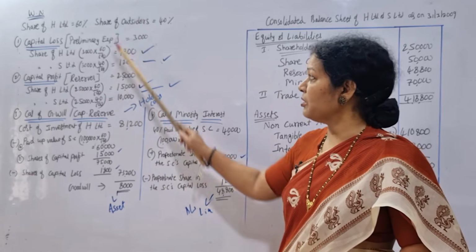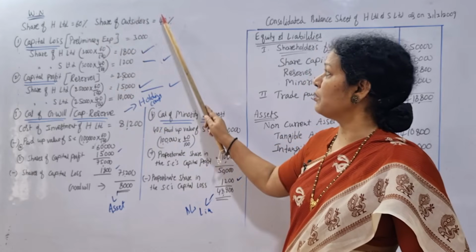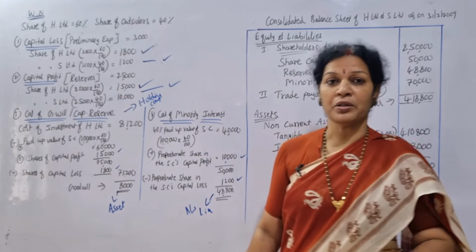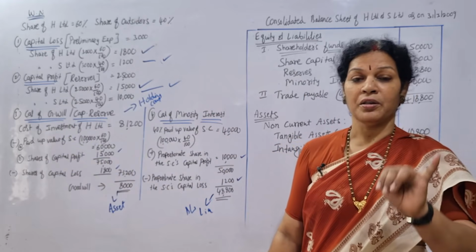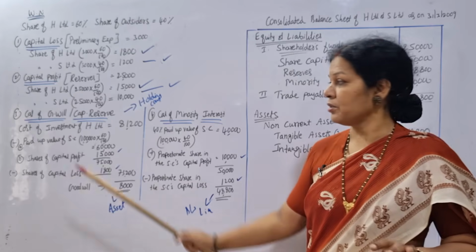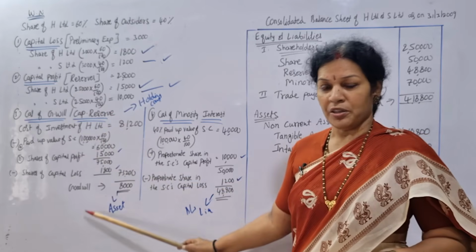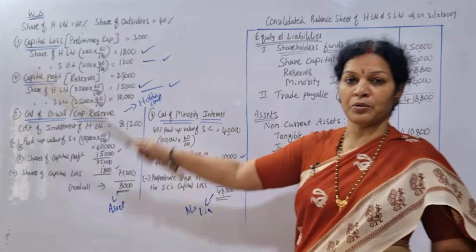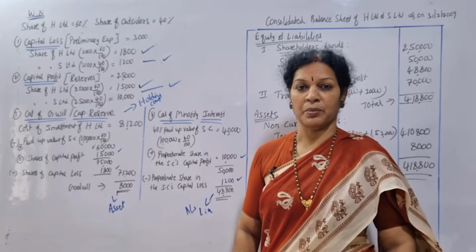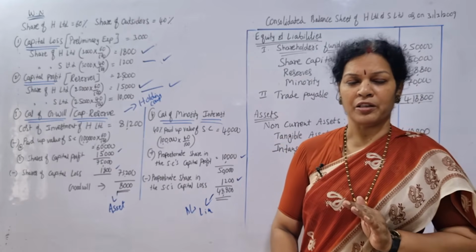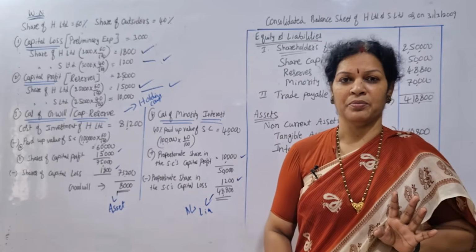So this also in the same way: 60%, 15,000, and 40%, 10,000, you have calculated. Then it will be easy for us to calculate the goodwill or the capital reserve, and also the calculation of minority interest. Goodwill calculation I told you, and in the same way minority interest also. If working notes are clear, then we can go to the problem. Simply we have posted what we have calculated and what is given in the problem. Simple problem.